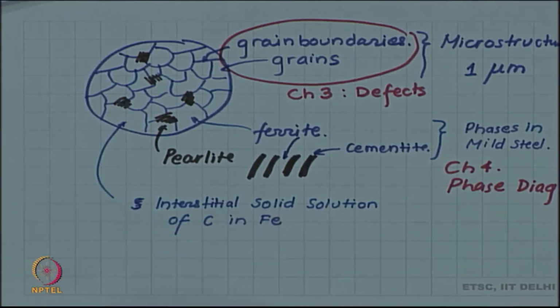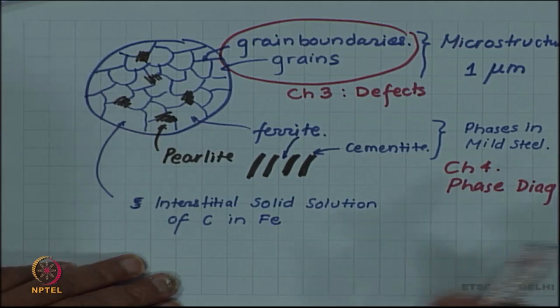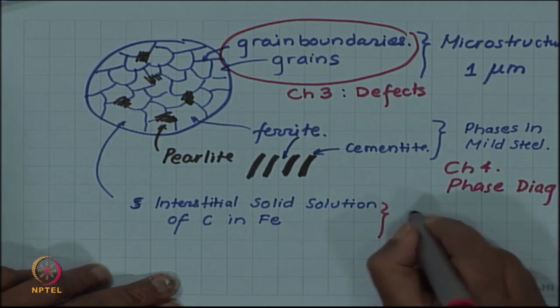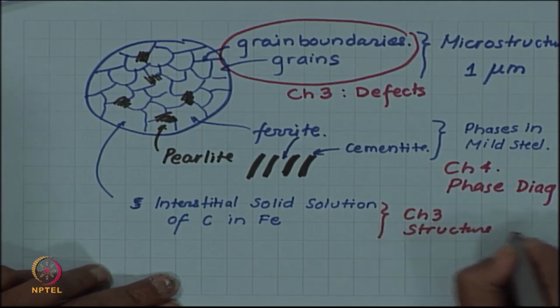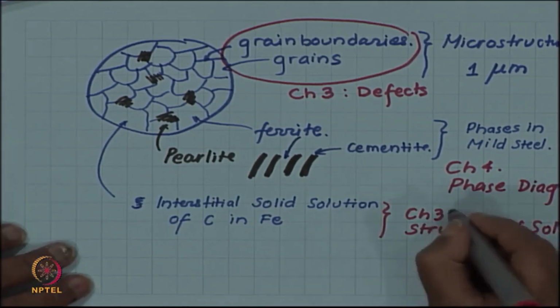We will talk about such alloy structure. Solid solution, interstitial solid solution is one kind, substitutional is another kind. These things will be discussed in structure of solids, chapter 3. Sorry, chapter 2.